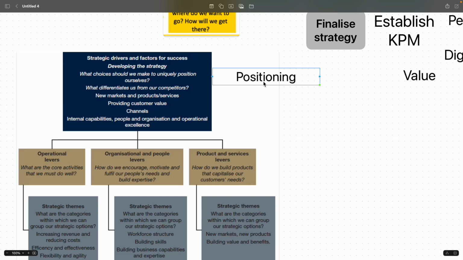But it's already occupying. So if I say bread, white bread, your brain already is occupied by Gardenia, correct? So if you go to the shop, the first thing you might want to choose is Gardenia. That's the meaning of what choices should we make to uniquely position ourselves. How do we position ourselves?